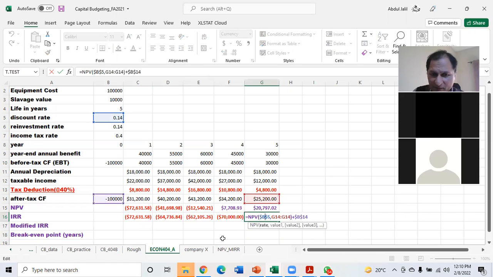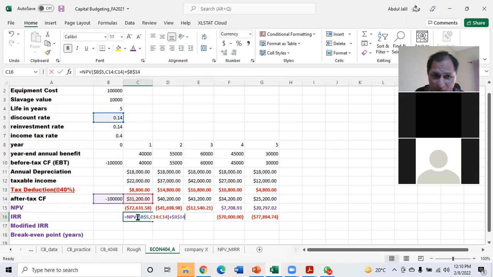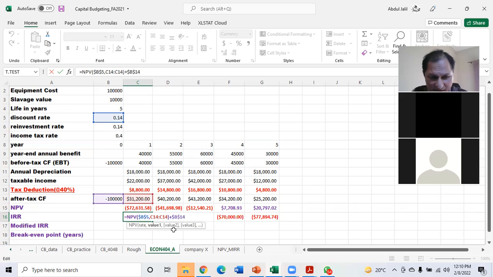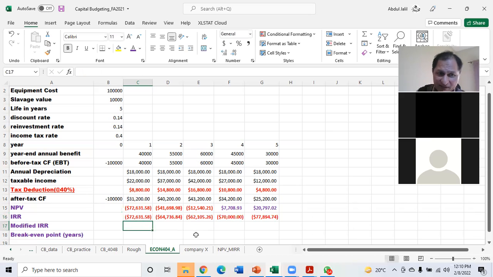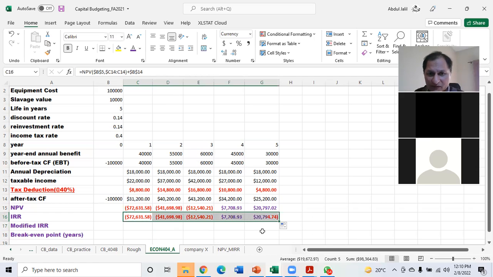So this is why we have to place the dollar sign in this formula, with the first value. Once we do that, this C column is fixed. Now the formula is going to be used from this C column. So once you move, it will generate the same values, whatever is there.